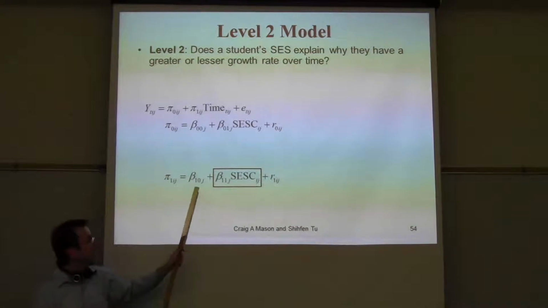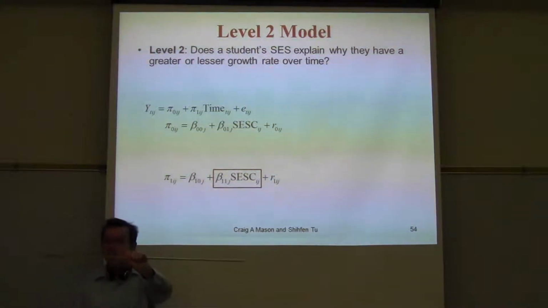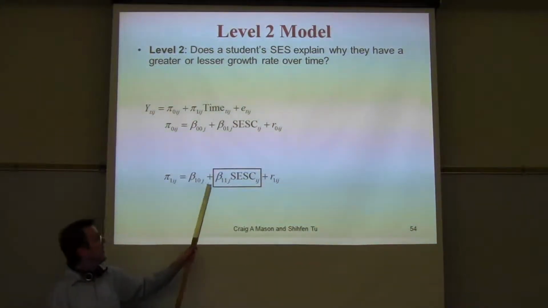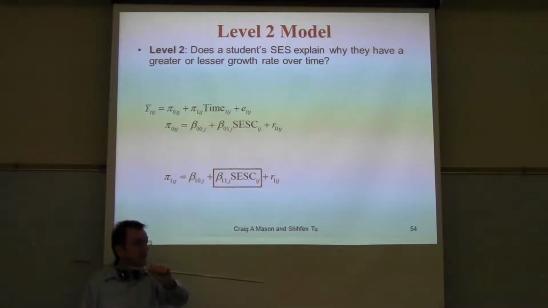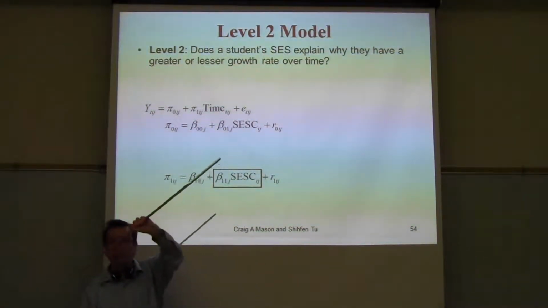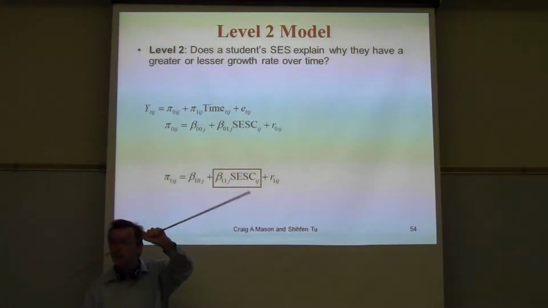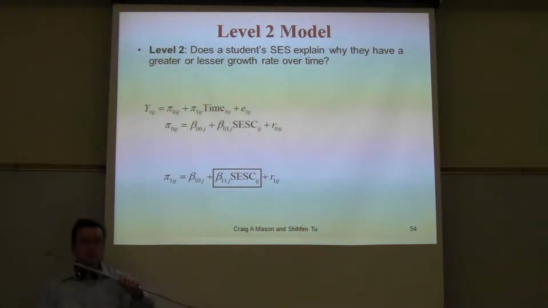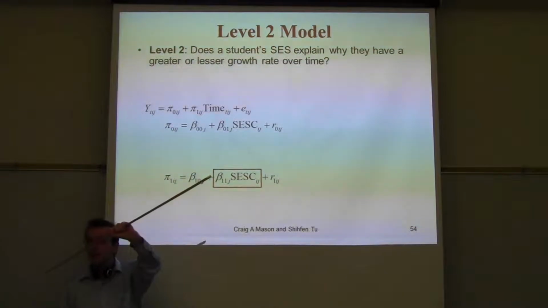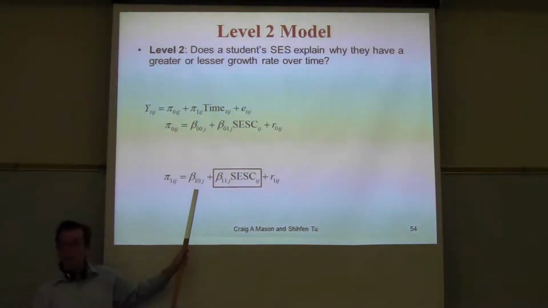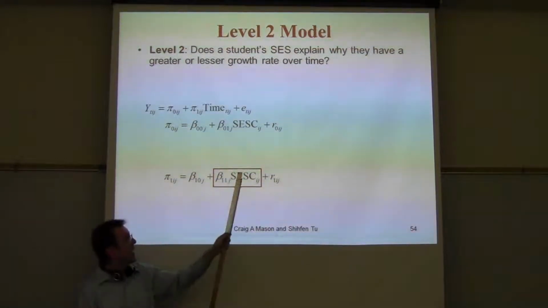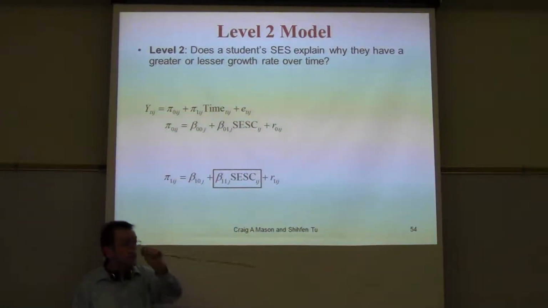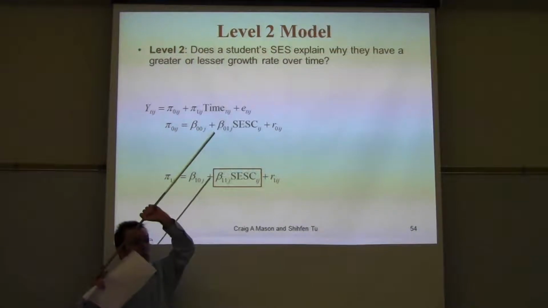Or you could have, at the average SES, it's flat, and there's this big positive SES effect, so as SES increases, the slope increases. Or you could have, at the average SES, maybe the slope's positive. So your beta 1, 0j, at that average SES, the slope's positive, and as SES increases, the slope increases even more.